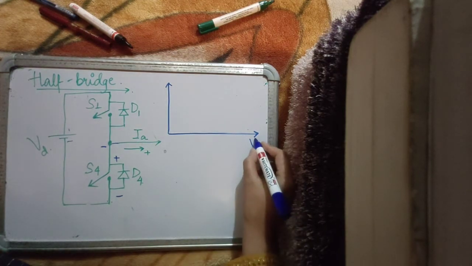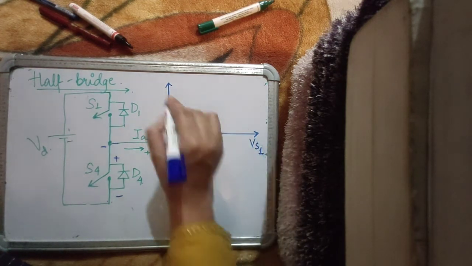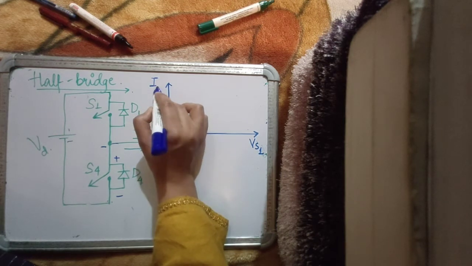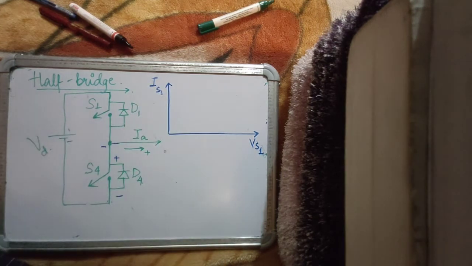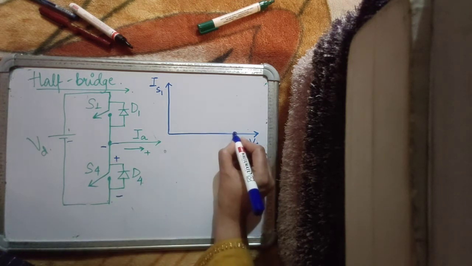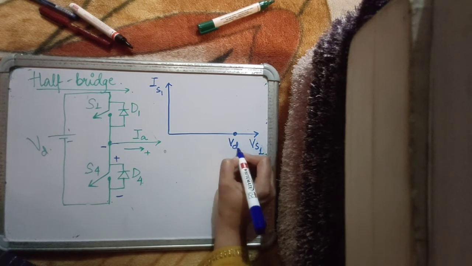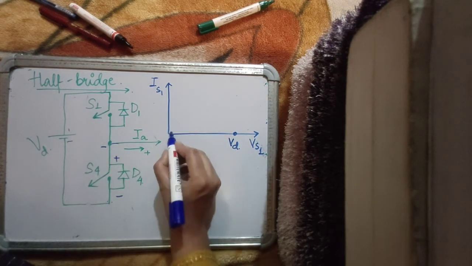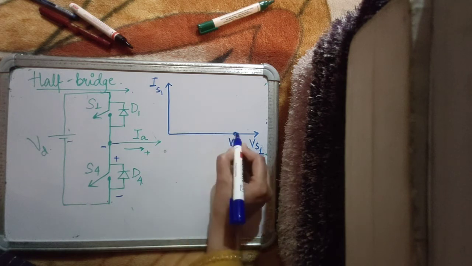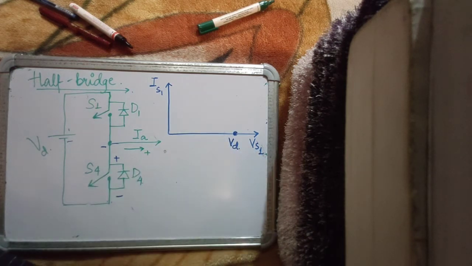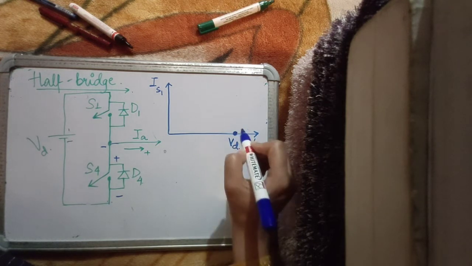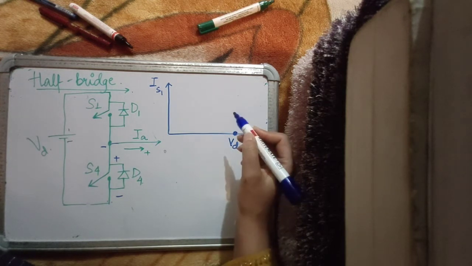Suppose this is the voltage across the device Vs1 and this is the current through the device, say Is1. Initially let me assume that the device is off. So when the device is off, it is blocking some voltage which is equal to the DC link voltage Vd, and it is not carrying any current, so it is on this point. Now that it is on this point, it is off and I want to turn it on.